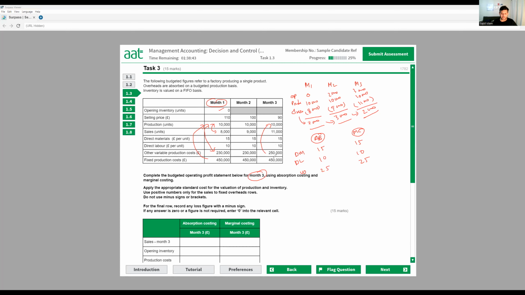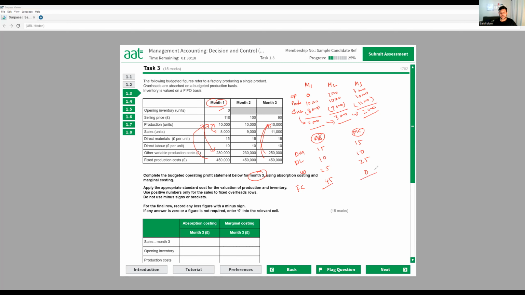Only the fixed cost, we have 450 divided by 10,000, which is 45. So fixed cost will come just on the absorption costing. Fixed cost per unit 45 only will be considered on the absorption. On the marginal, it will be 0. We're not going to consider that. Remember that.